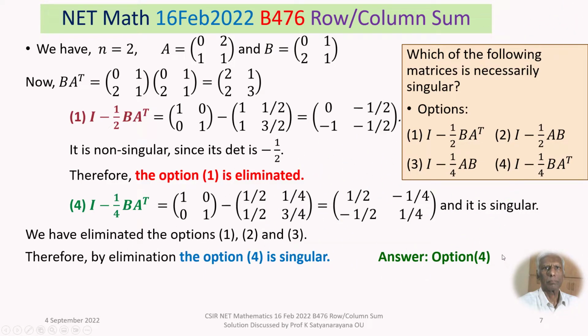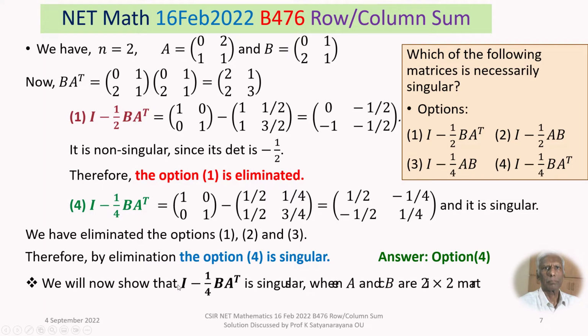So that's the discussion, and that's the answer of this question. However, I want to give you a proof to say that I minus 1/4 BA transpose is singular when A and B are 2 by 2 matrices. So for n equal to 2, I will show you this is true.